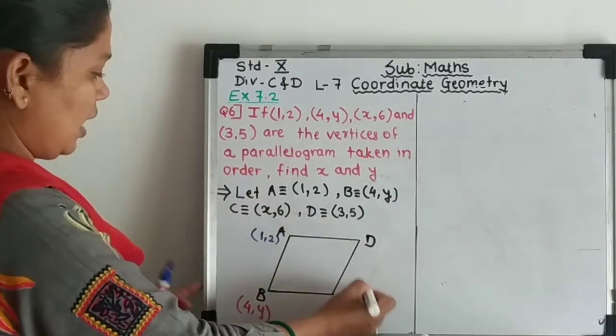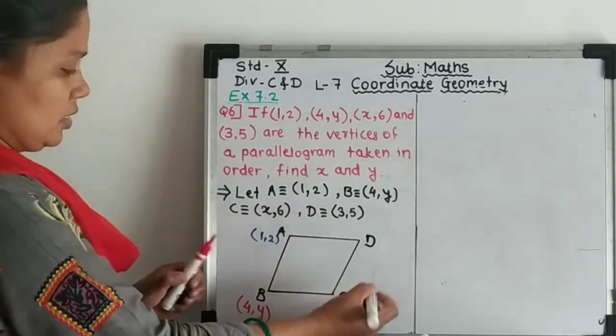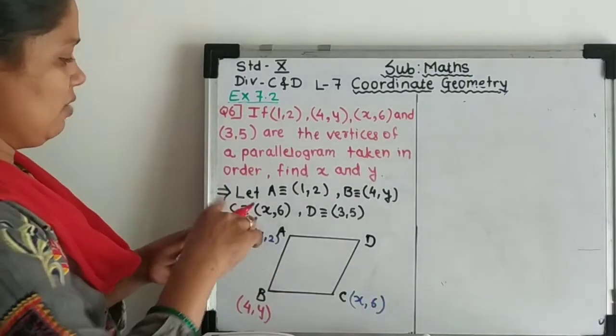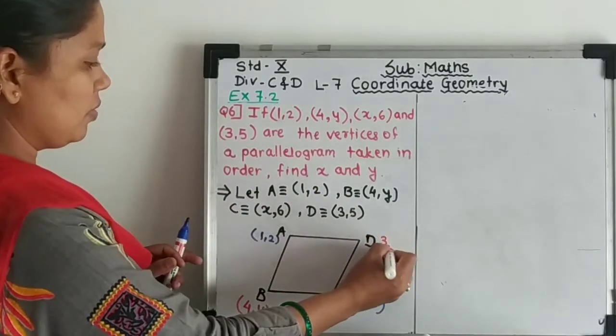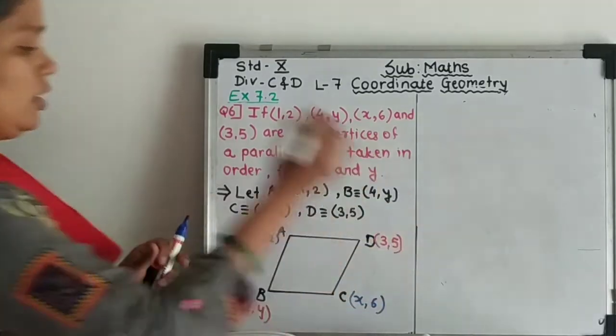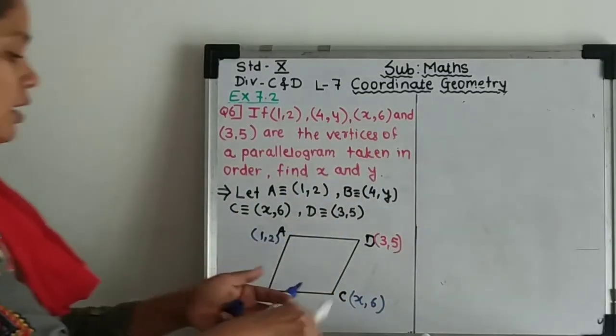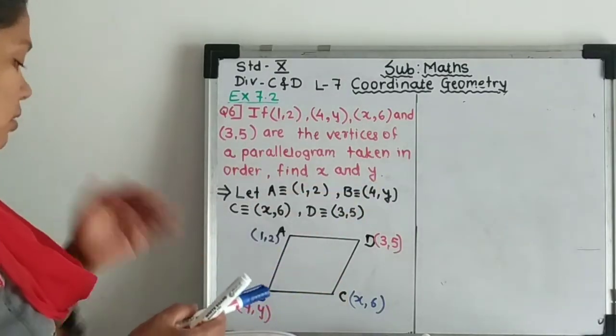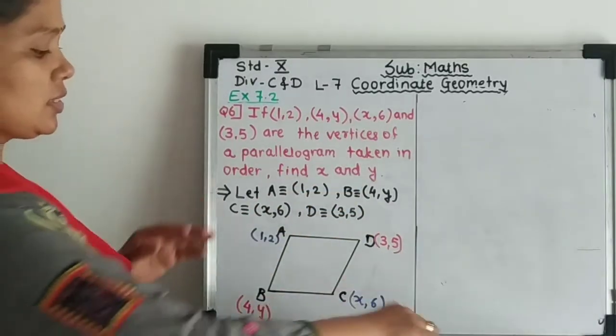Then C we have x, 6, and D we have 3, 5. Now why I have written the B point and D point in front with the same color, you will come to know.